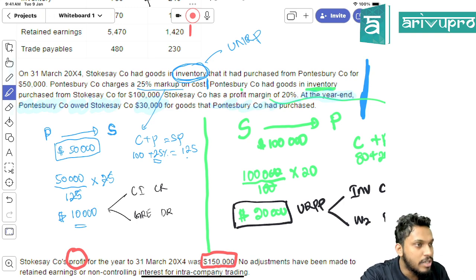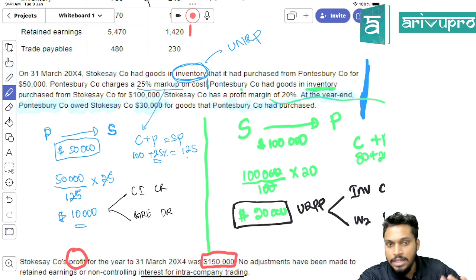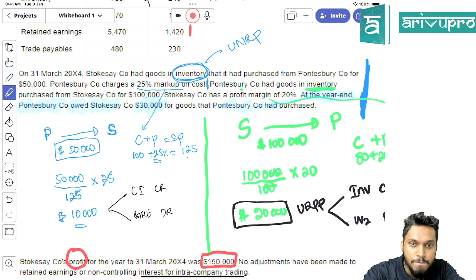If you are still owing, it means that balances will be stuck in receivables and payables accounts. So I told you if there are any amounts remaining, you need to remove them from your group accounts. So in your group accounts, you can't take any intra-group sales, it needs to be eliminated.